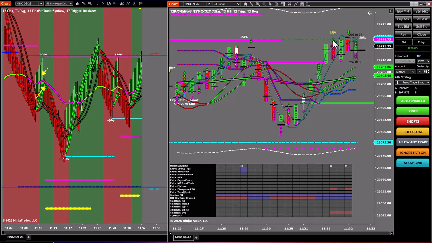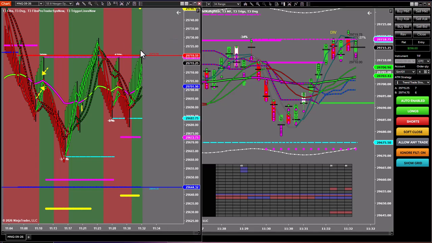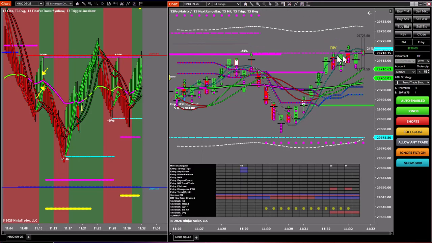We have a divergence pivot stop out block that's keeping us from going long, but it also is coupled with fibs and pivot stop outs over here. And this is where they have to really make that big decision in the market. Are we going up? Or are we going to come back down again and mess with everybody?